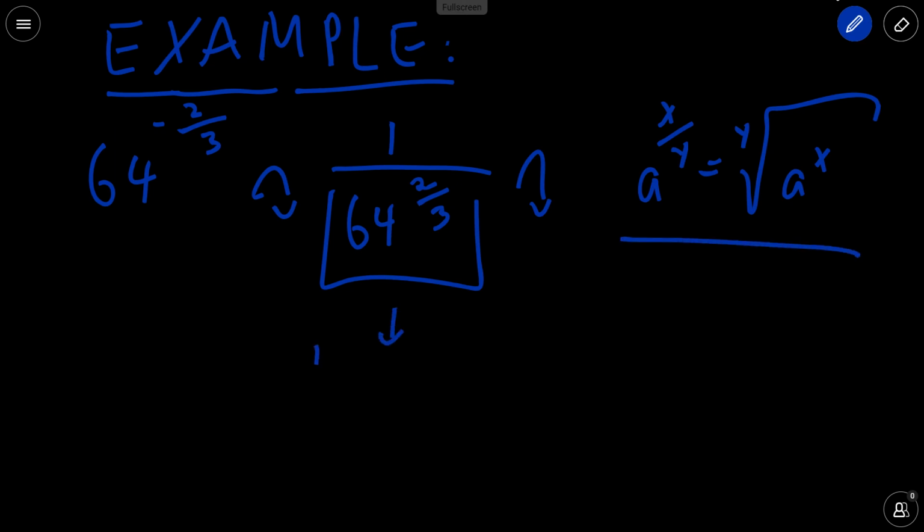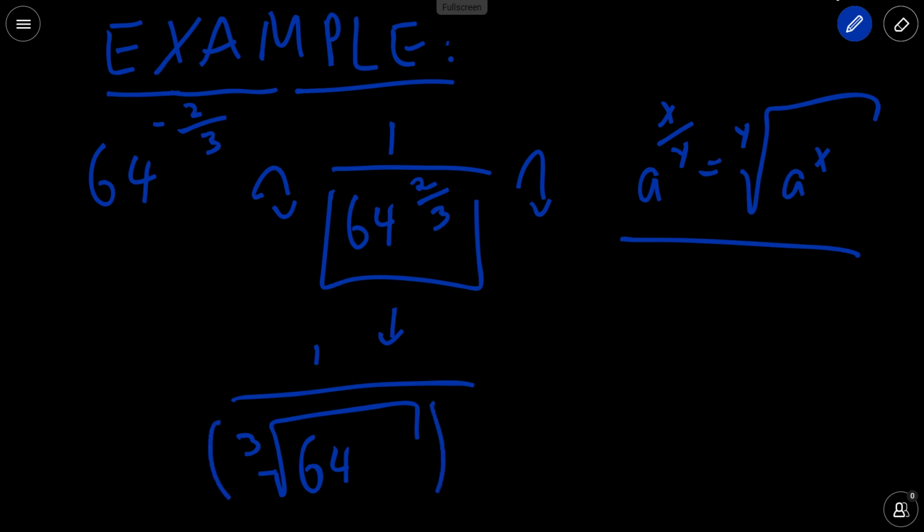That becomes 1 over, 64 is our base, and we take the third root, so the cube root, out of this, and then the numerator was 2. And now we can simplify this.